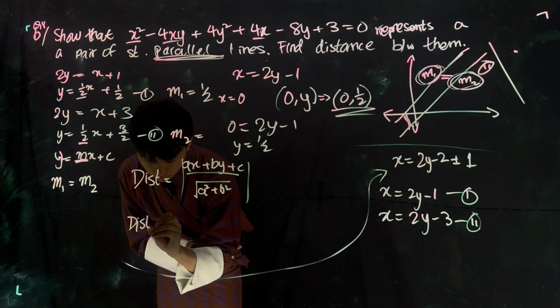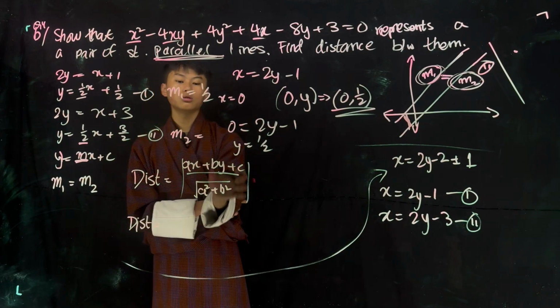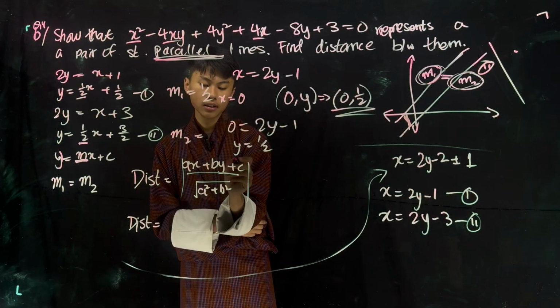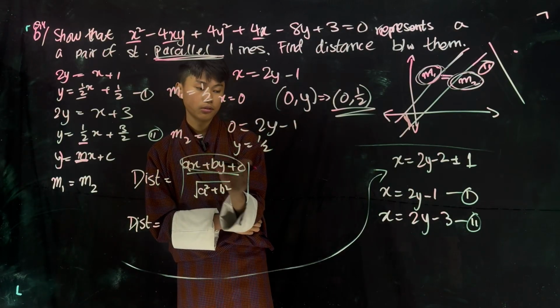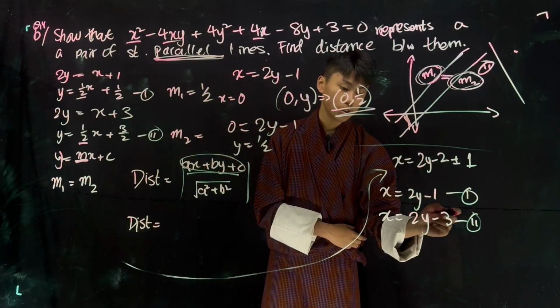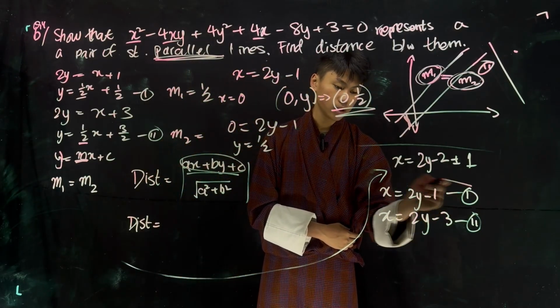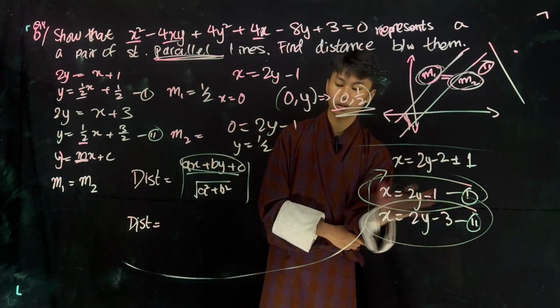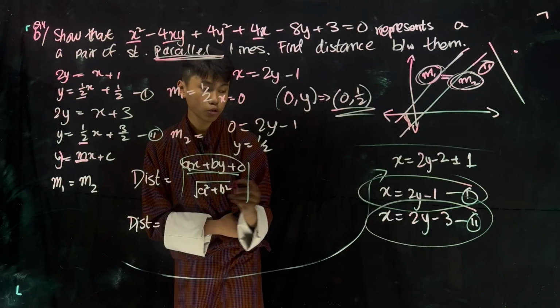Now, okay, so ax plus by plus c, what you'll have to do here is substitute this with the equation of the line. So since we took the point on the first equation, we will be taking the equation of the second line here. So we'll be taking x equals 2y minus 3.